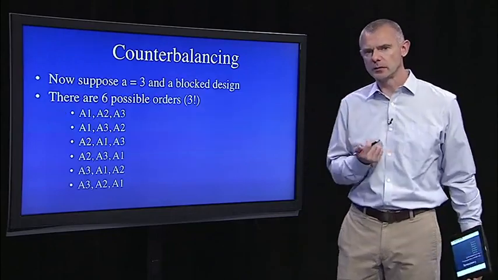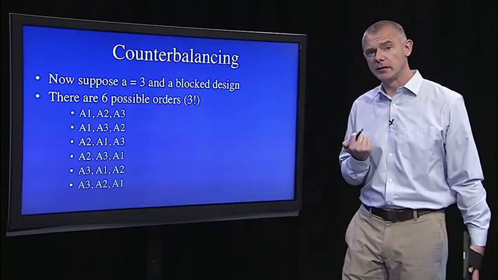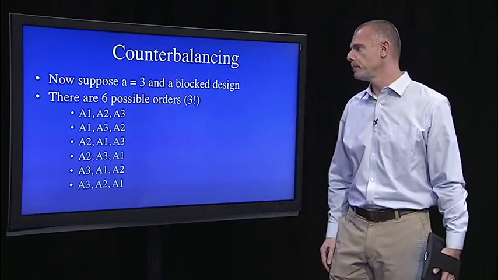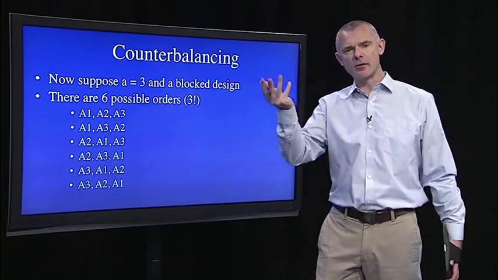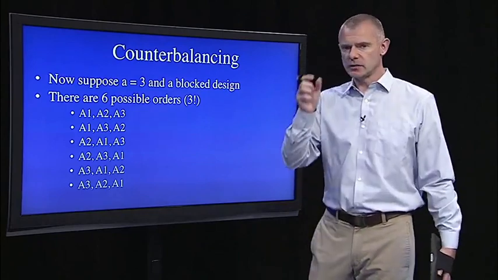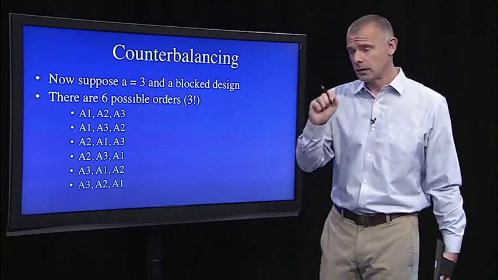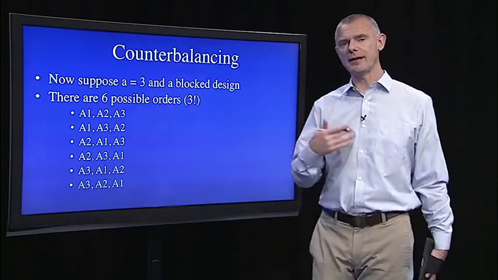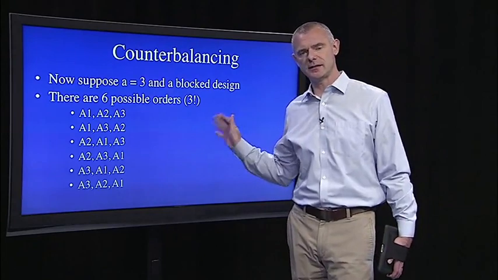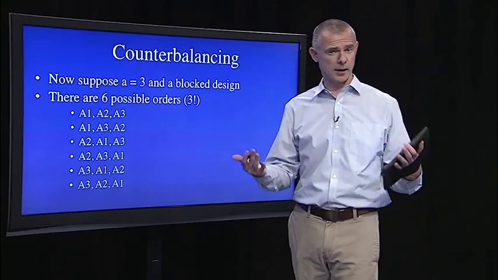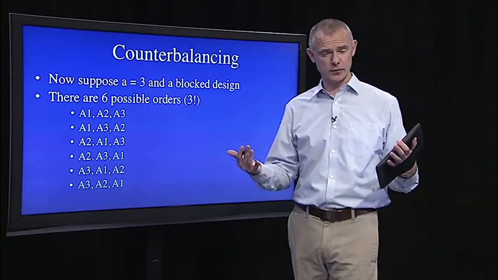But now let's suppose something a little more complicated, where you have three levels of the independent variable. If you want to completely counterbalance, to get every order in a block design, it's not just A1, A2, A2, A1. There are now 6 possible orderings. So to completely counterbalance, you would need 6 separate conditions. Again, subjects would have to be randomly assigned to each one of those conditions.